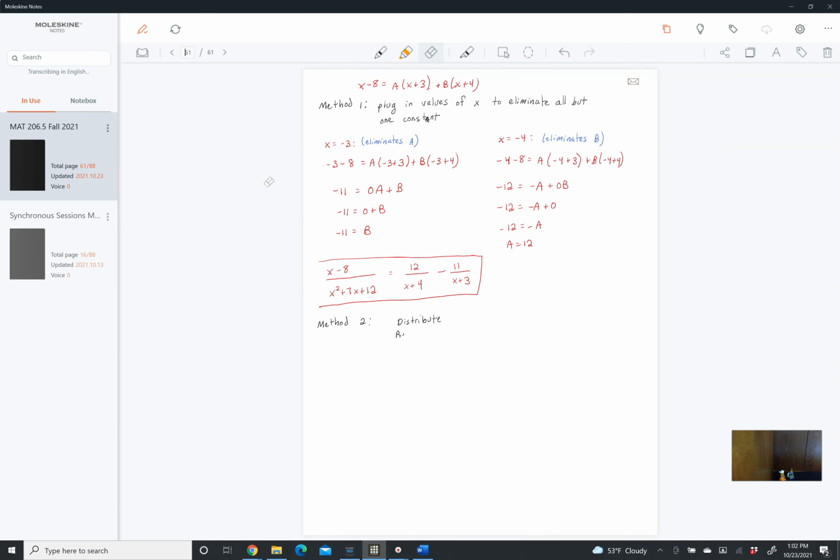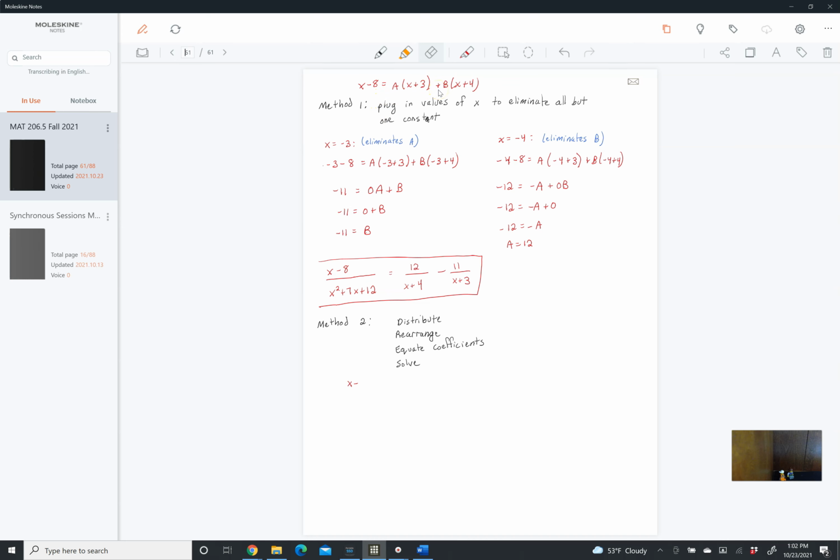We're going to rearrange, and then we're going to equate coefficients and solve. So we're starting from up here at the very top. We distribute the A, we distribute the B.